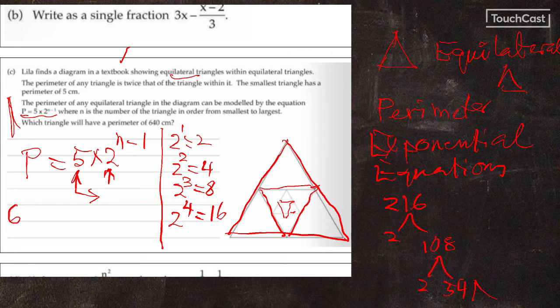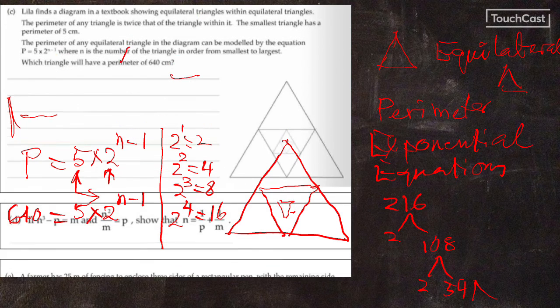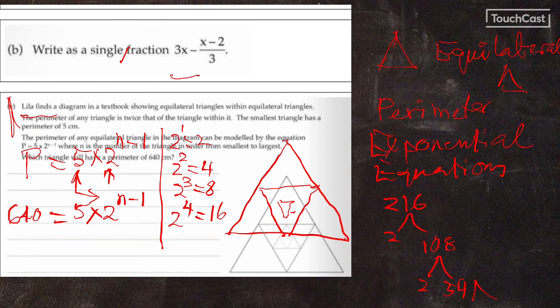So that will be 640 equals 5 lots of 2 to the power n minus 1. Right. I want to finish that in a single page.